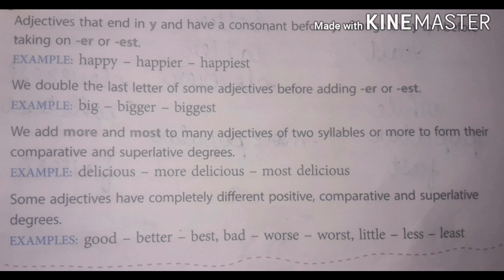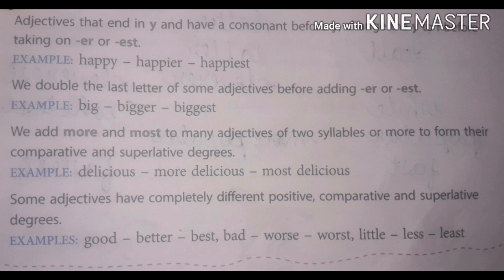For example, happy. Before y it is p, so that is not a vowel. So we will remove the y and we will write happier for comparative degree, and happiest for superlative degree.